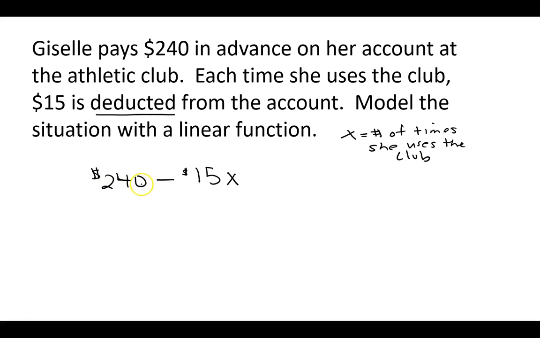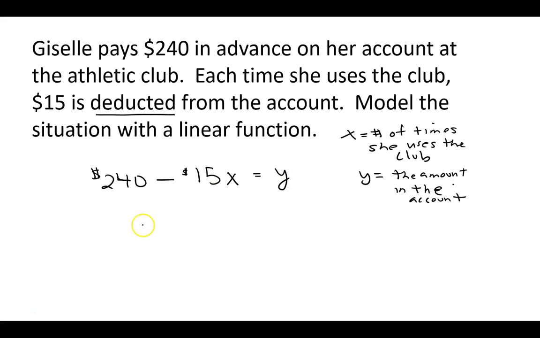So 240 minus 15x will be equal to y, and that's going to be basically the amount of money in her account.